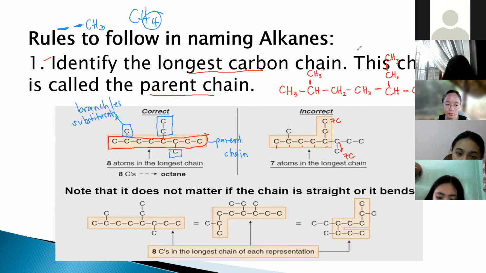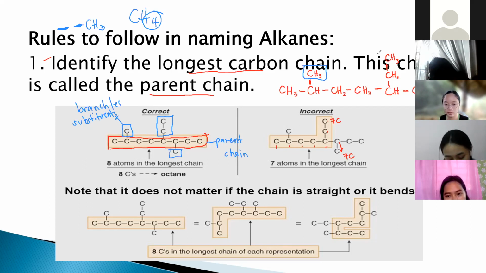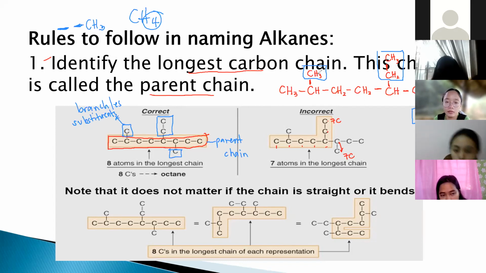And we will also give names to them. Okay? So the first one here, let's go back to the condensed formula. Let's identify them.